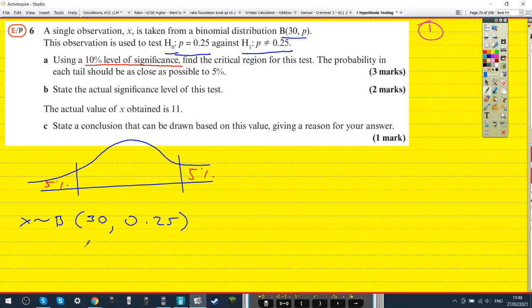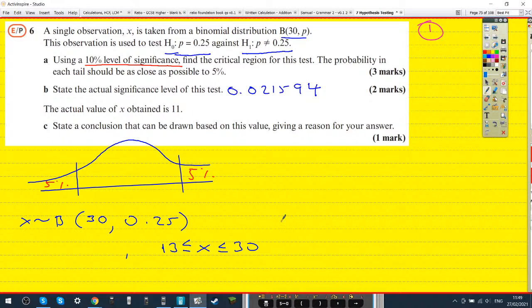So X is greater than or equal to 13, which is 0.021594. Actually, let me write it the way they write it: X is between 13 and 30. Okay, what's next? And then you work out the lower now.